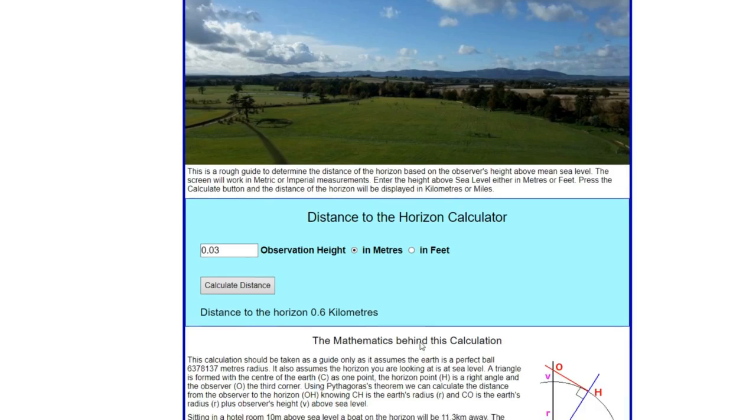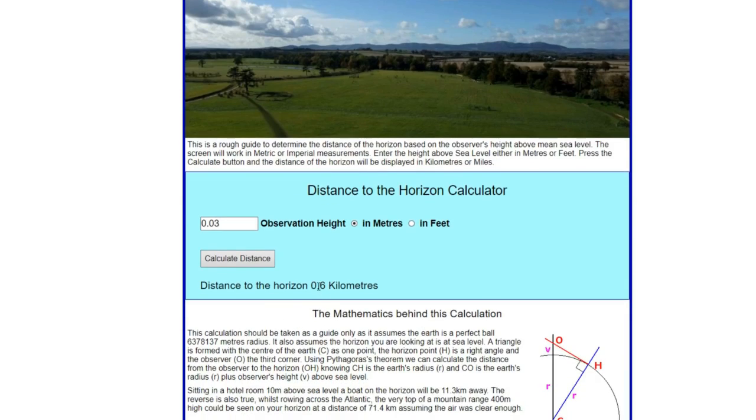You calculate the distance that you should see the horizon, and it is 0.6 kilometers, so about 600 meters, which is about right for that bridge that we were looking across. It's about half a kilometer long, and so we can confirm here that we see horizons across flat surfaces.